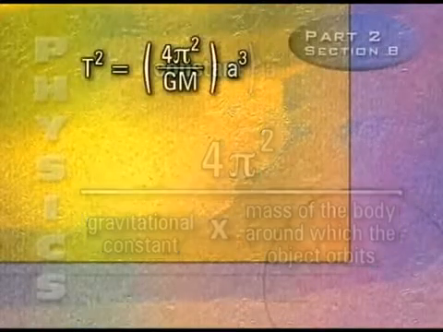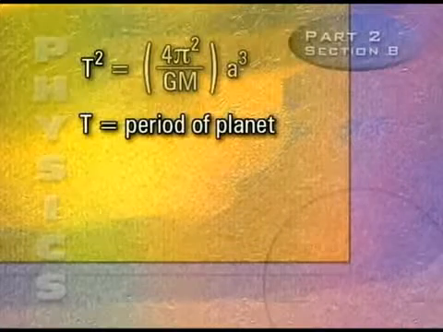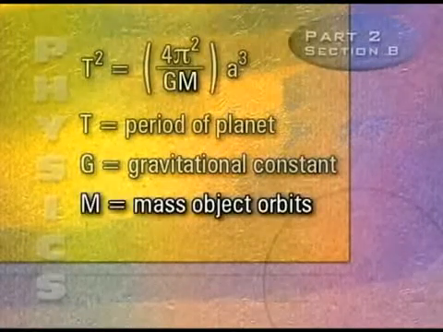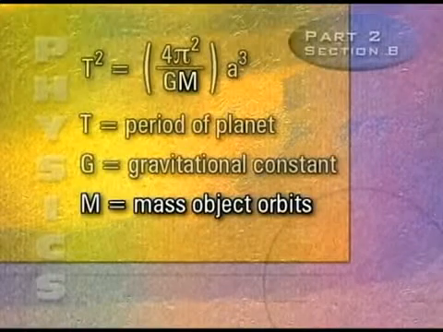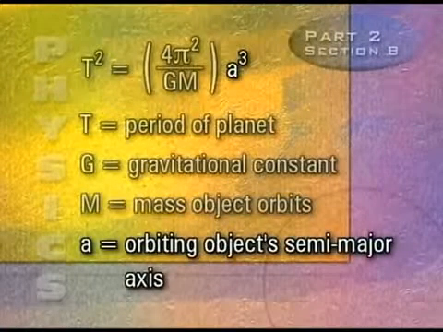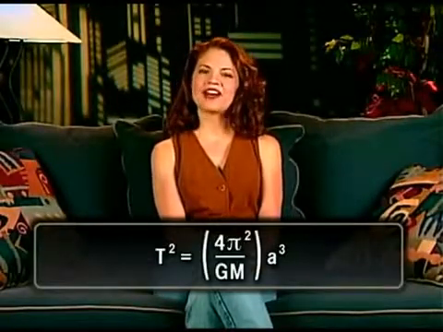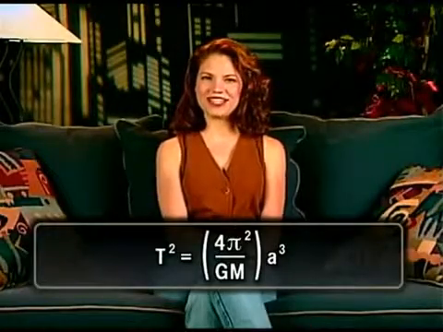For us, then, T squared equals 4 pi squared over G M times a cubed, where T is the period of the planet, G is the gravitational constant, M is the mass about which the object orbits, and a is the orbiting object's semi-major axis, or its orbital radius. Got that? T squared equals 4 pi squared over GM times a cubed. So let's try this baby in a problem.